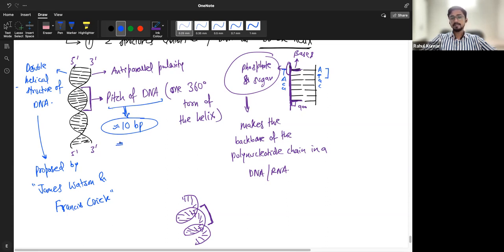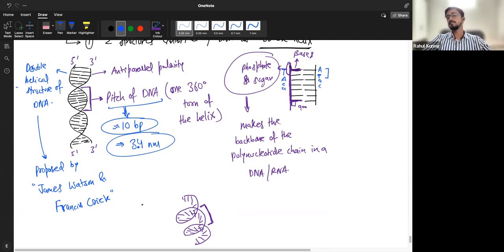And the length of the pitch is 3.4 nanometer. This is the length of the pitch of DNA. So from here to here, it is 3.4 nanometer.